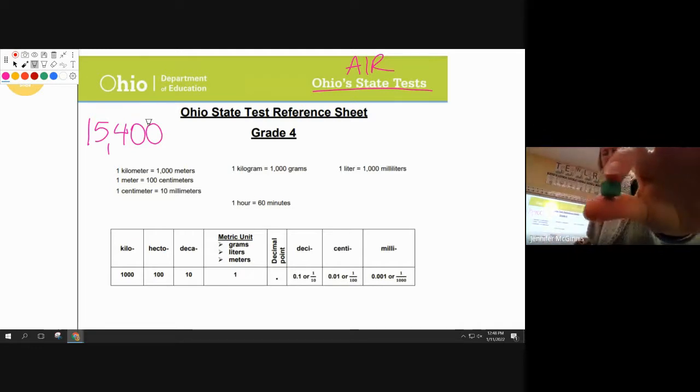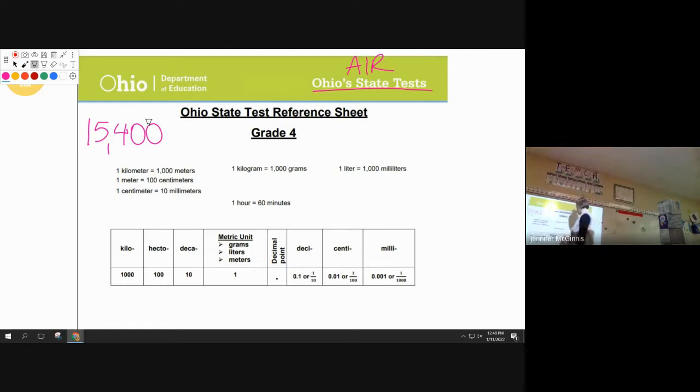How many little teeny tiny cubes do we need to draw? 0. We have none. So here's our ones place. It gets a little teeny tiny, I should draw it smaller than that. We have 0. Wheels are good for this. Yes. We're good for ones.